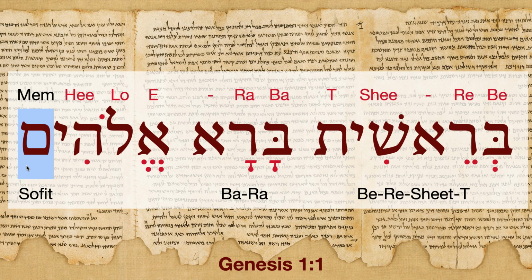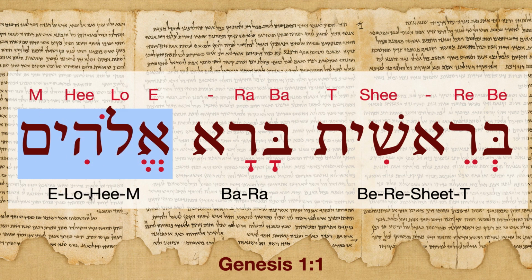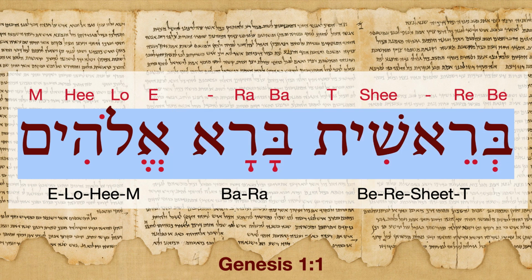Kaf, mem, nun, pe, and tsadi. These 5 letters, when they come at the end of a word, have different forms, and so this is mem sofit and is pronounced m. And so how do we pronounce this word? Elohim. So then the whole sentence becomes Bereshit bara Elohim.